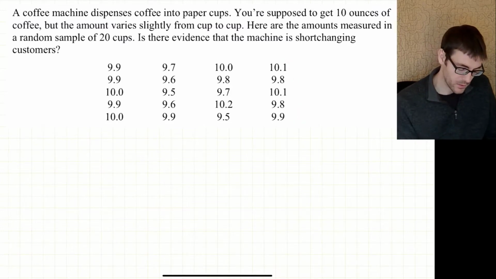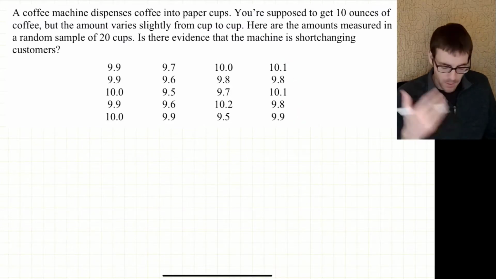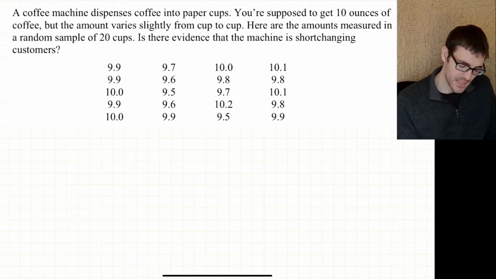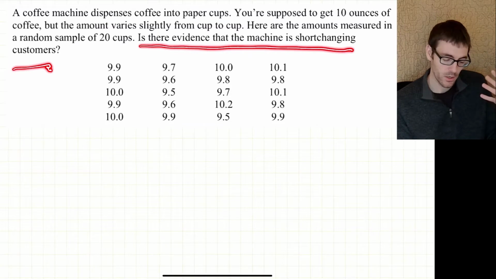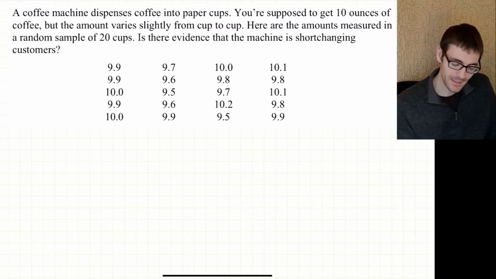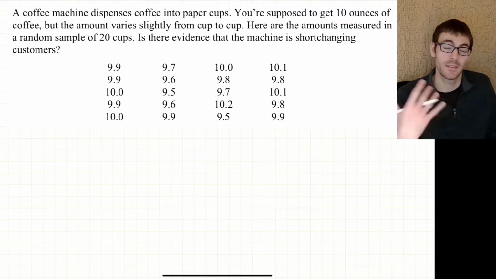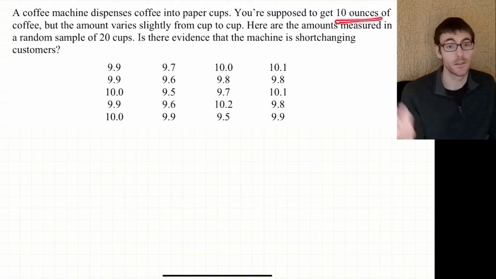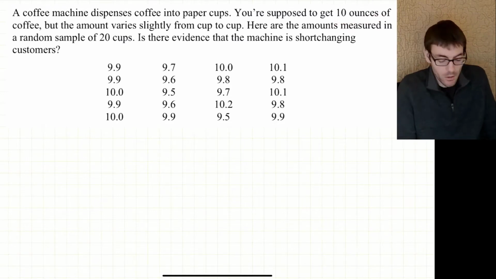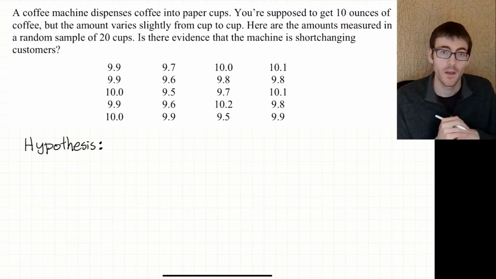We still have these 20 data points, but now we're asking, is this evidence that the machine's average coffee dispensing is something less than the promised 10 ounces? Maybe the machine is advertising that it dispenses 10 ounces of coffee. Well, maybe we want to know if it's shortchanging us.